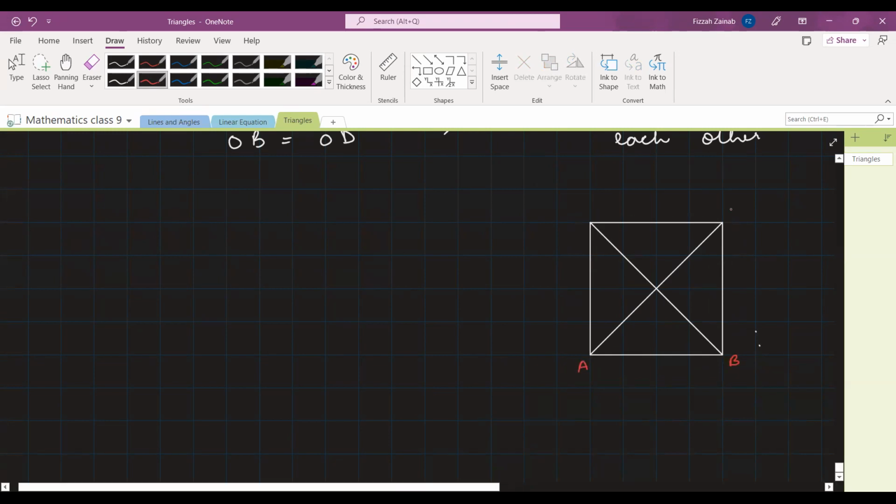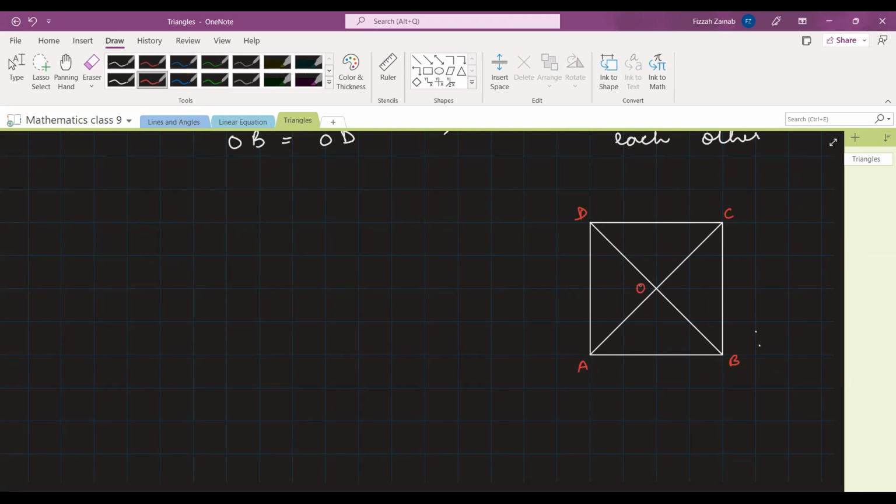A, B, C, D, and O. So you also have to draw a different figure, otherwise it's easy to mark in different figures, but naming has to be the same, A, B, C, D in the same order. Okay. One figure also you can draw, but if you are thinking it's getting too messed up, you can draw it again separately. No issue in that.